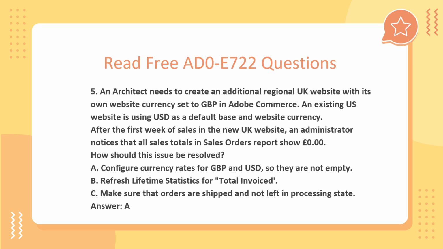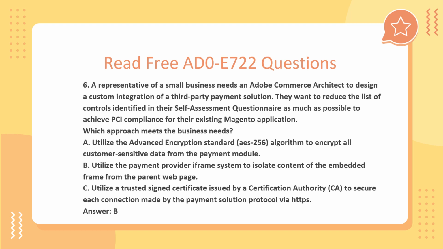A. Configure currency rates for GBP and USD, so they are not empty. B. Refresh lifetime statistics for total invoiced. C. Make sure that orders are shipped and not left in processing state. Answer: A.